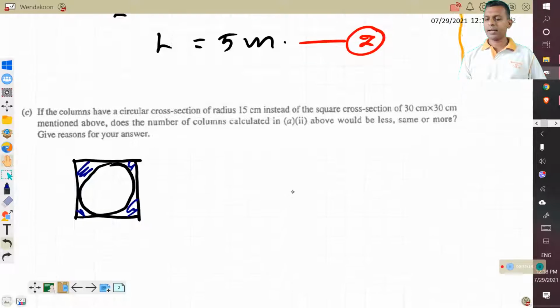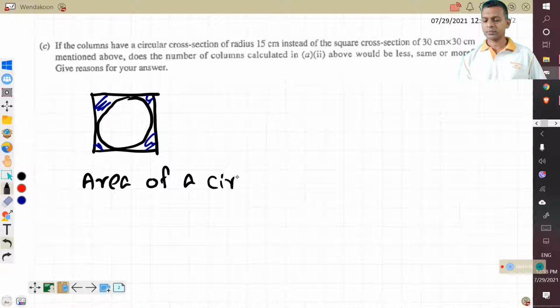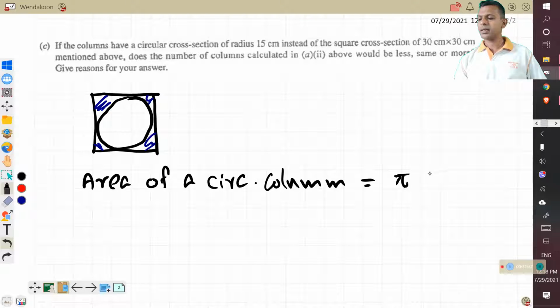If not, you can explain it in the conventional manner, that is by calculating the area of the circular column. That is pi r squared, 15 squared.